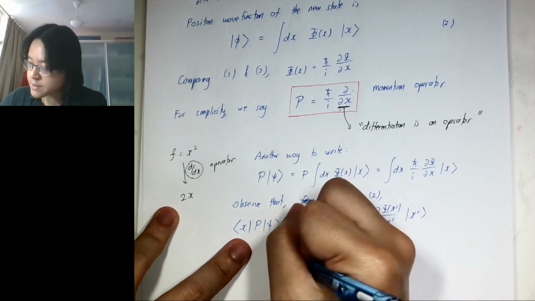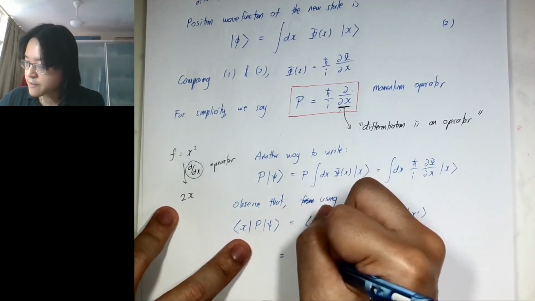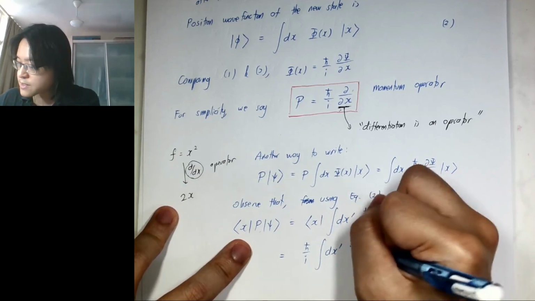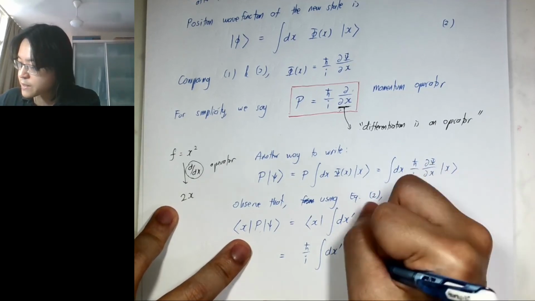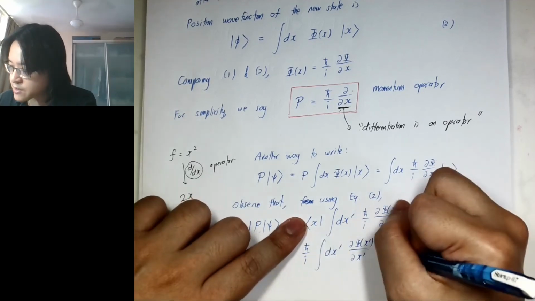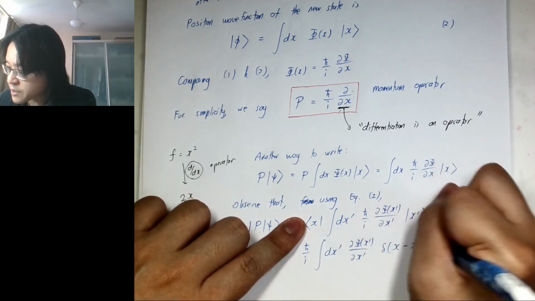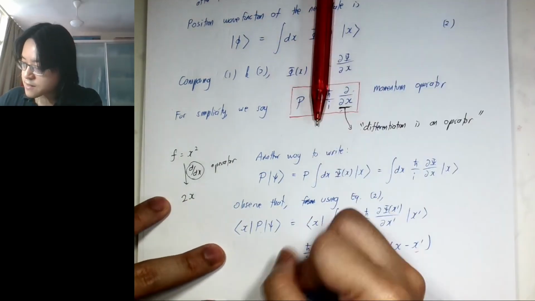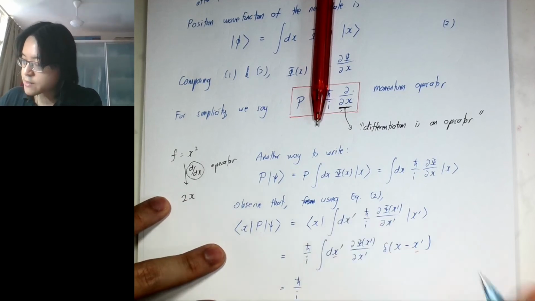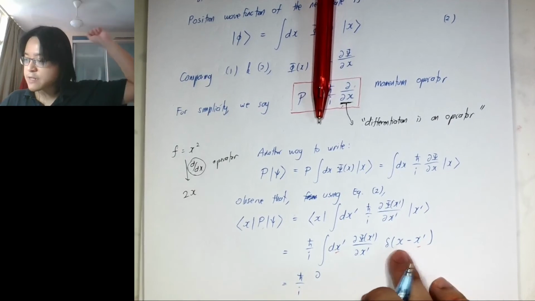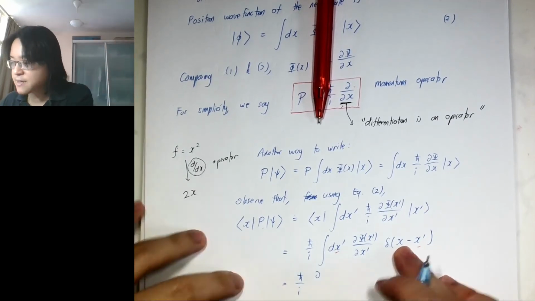But eventually, because the delta function is magic, let's see what happens. So d psi x prime dx prime, and then this one becomes the delta function x minus x prime, and I integrate this with respect to x. So I got h bar over i. After I integrate everything with respect to x, it just picks out the value to be the same as the x here.